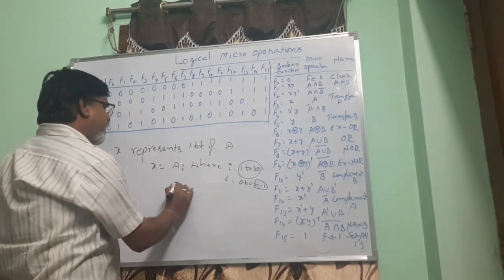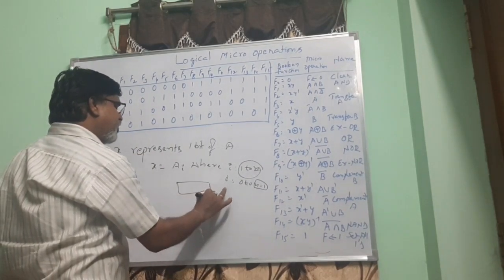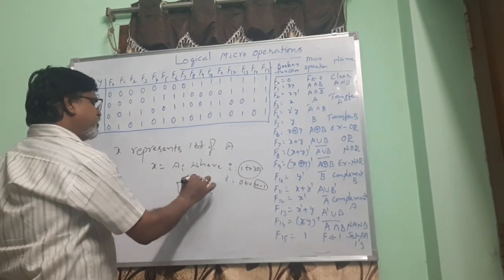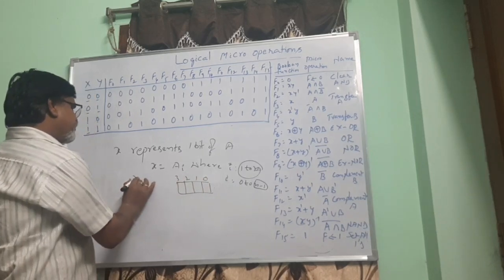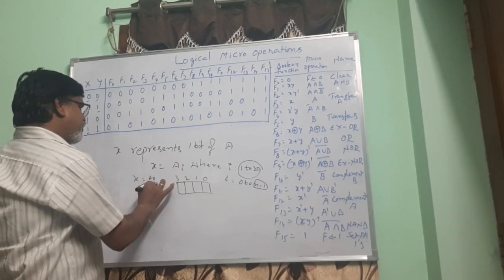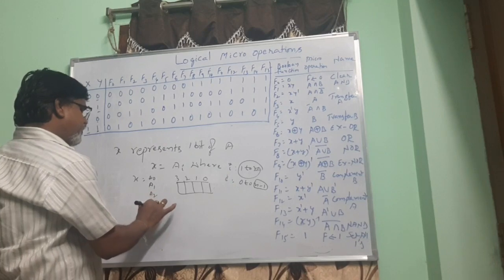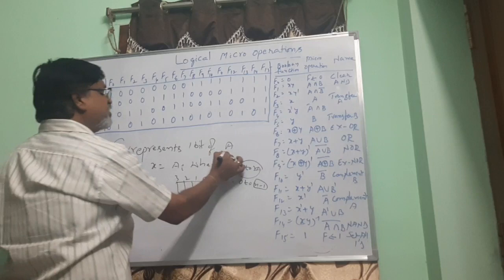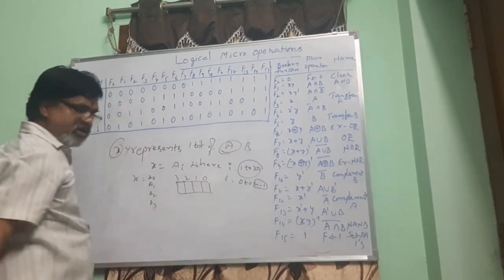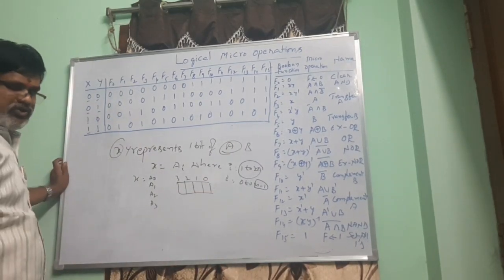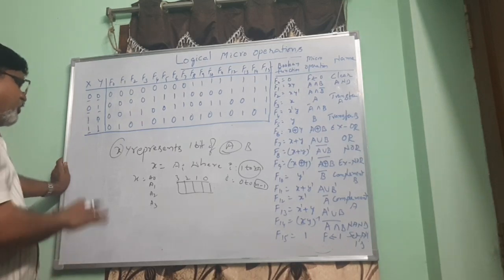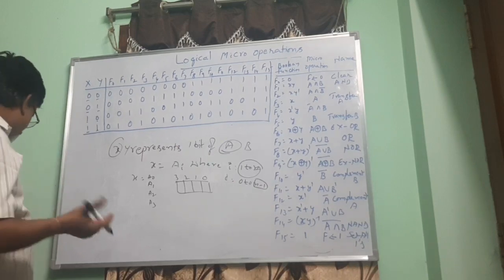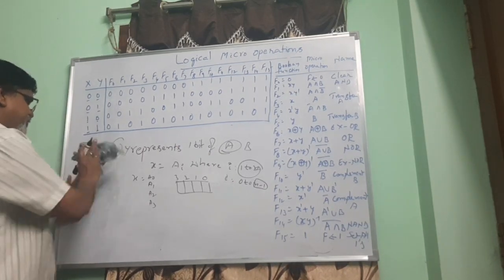If our register is 4 bits, we talk of the 0th bit, first bit, second bit, third bit. So x will be either A0, A1, A2, A3. Like that, y represents 1 bit of register B. We consider 2 registers A and B of n bit length, where n is 4, 8, whatever it is.